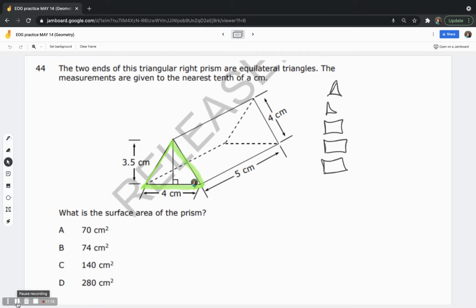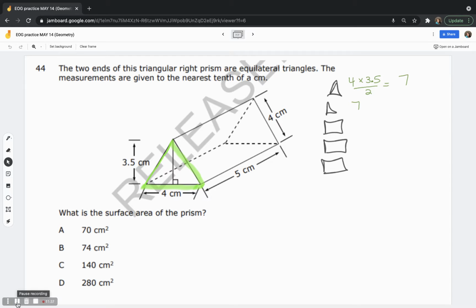So 4 times 3.5 divided by 2. And that's going to give us 7. The other triangle will have the exact same area, so they both have an area of 7.